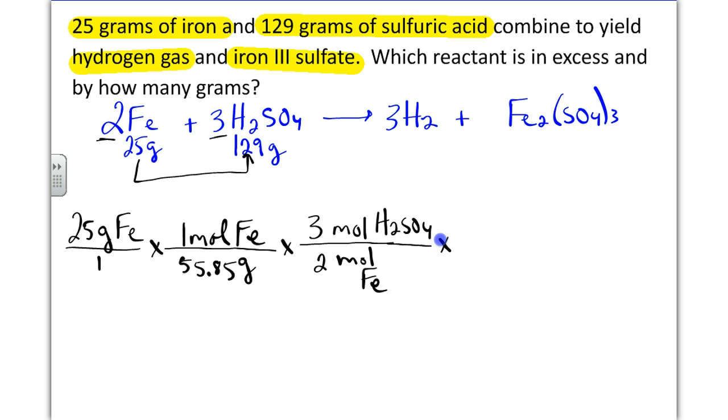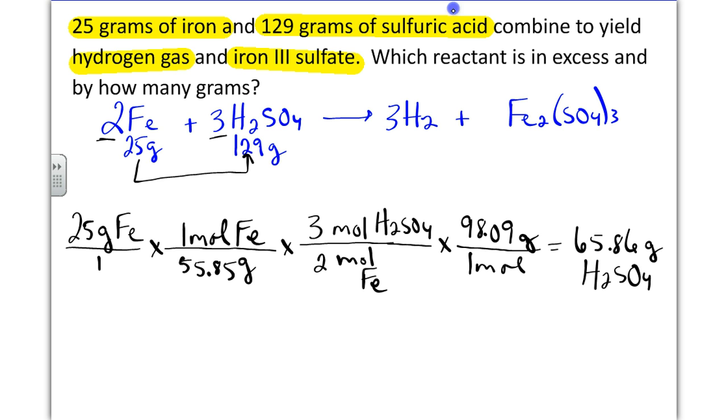And now that I've changed over from iron to sulfuric acid, I can bring down my moles and go to grams of sulfuric acid by going to the periodic table, and that's 98.09. So now I'll solve 25 divided by 55.85 times 3 divided by 2 times 98.09, and that's going to give me 65.86 grams of sulfuric acid.